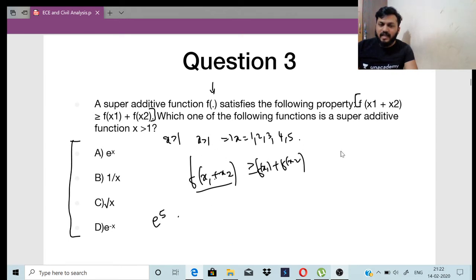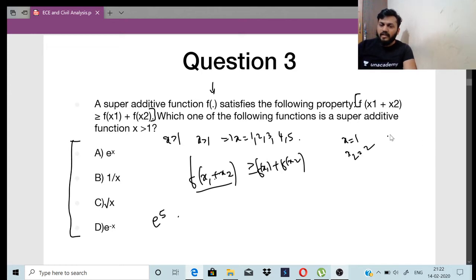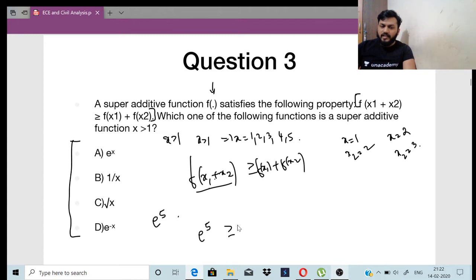So I will take x1 as 1, x2 as 2, or else you can also take x1 as 2, x2 as 3. So x1 plus x2, that is e power 5. It should be greater than e power 2 plus e power 3. Is it true? Yes, e power 5 is greater than e power 2 plus e power 3.